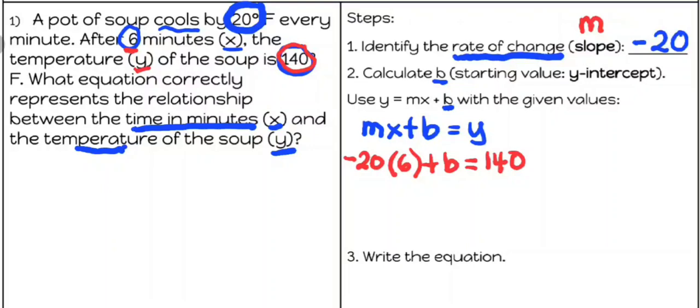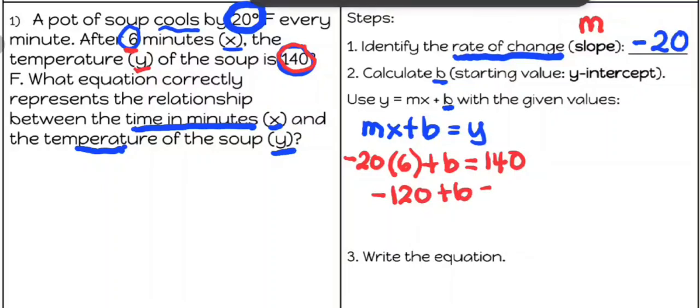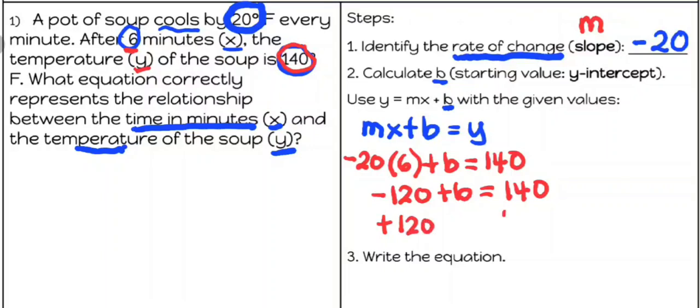So negative 20 times 6 is negative 120 plus b equals 140. So how are we going to solve for b? Plus 120 on both sides.